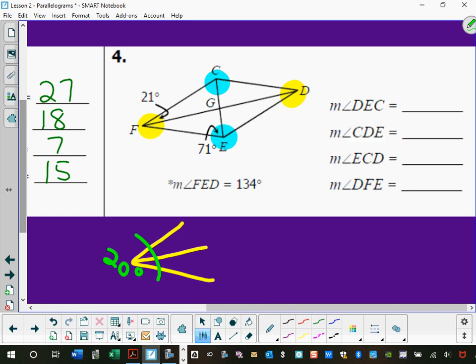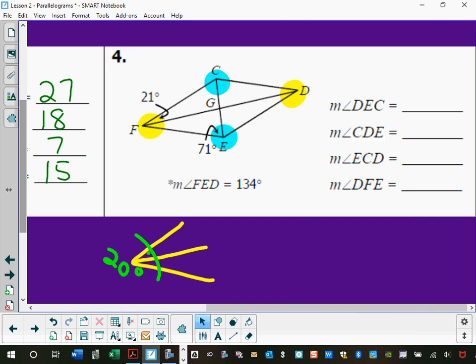Do we understand that both of these angles together is 20 degrees? So what if this top angle here was 1 degree? What would this bottom angle be? 19, because you did 20 minus 1. Or if this top angle was 10 degrees, the bottom one would be 10 degrees. Once again, 20 minus 10.